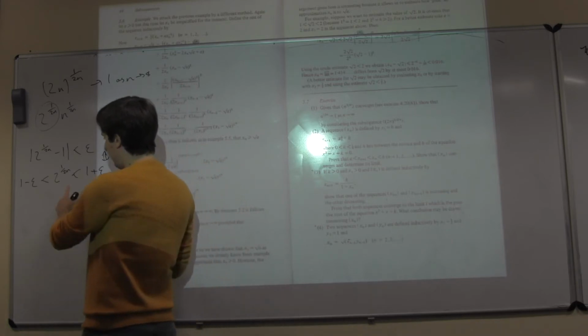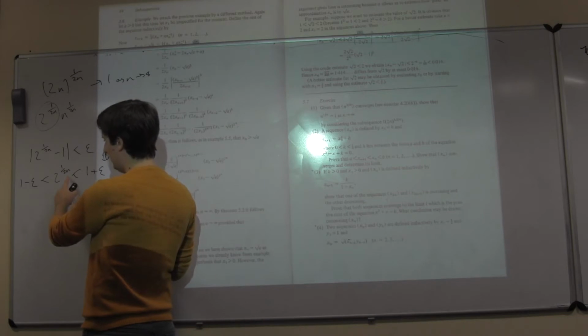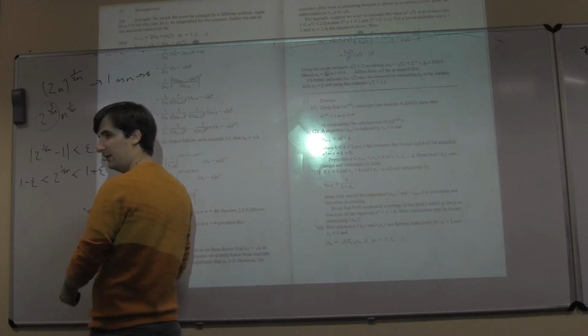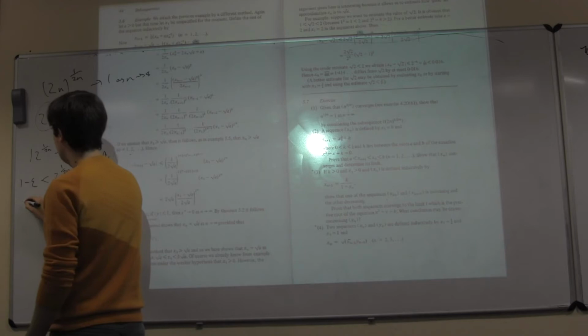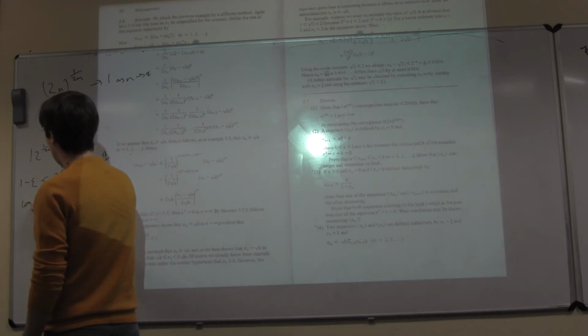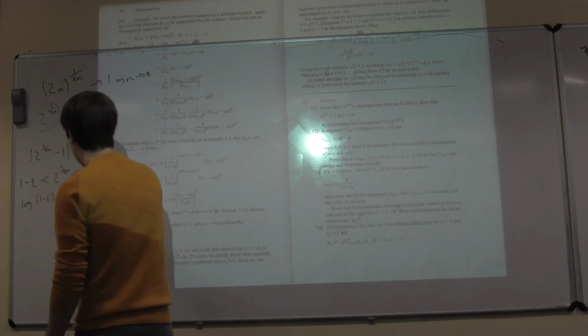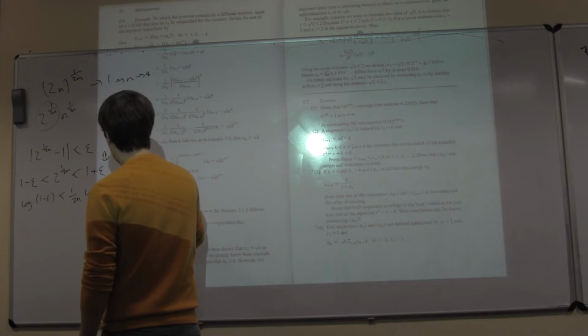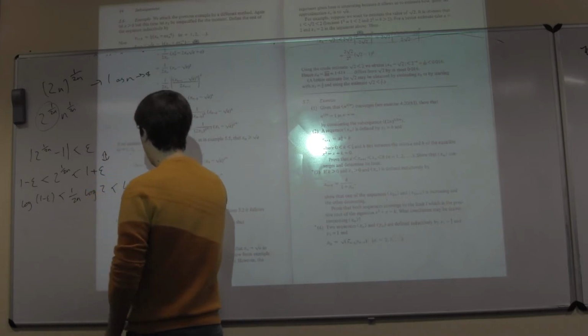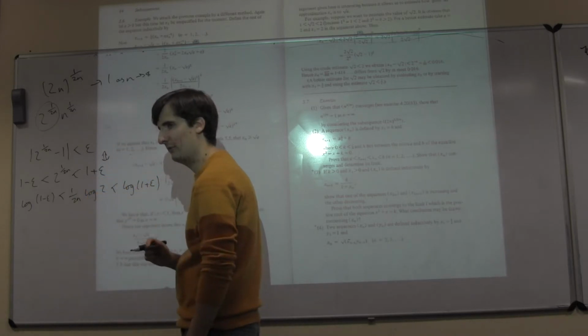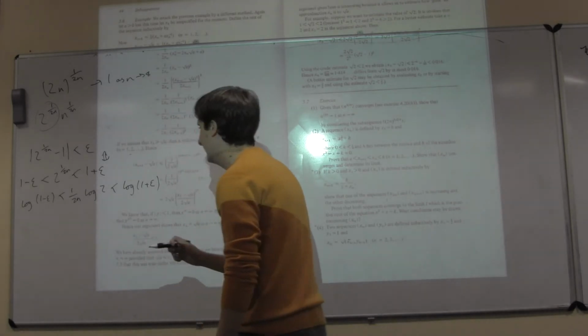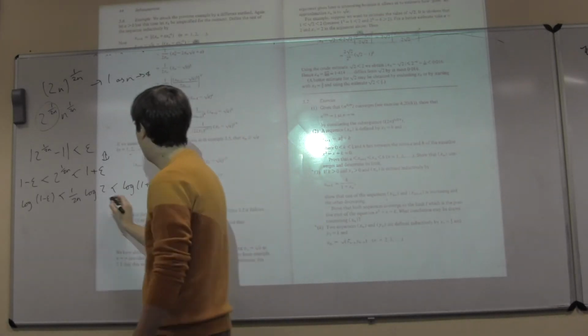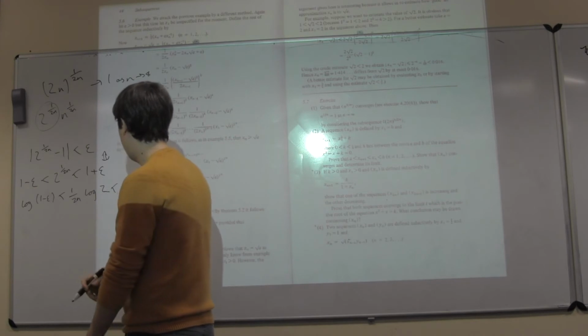If we take the logarithm of both sides, this is true if and only if log of 1 minus epsilon is less than 1 over 2n log 2, less than log of 1 plus epsilon. If you don't remember the rules of logarithms, it's probably been a long time.